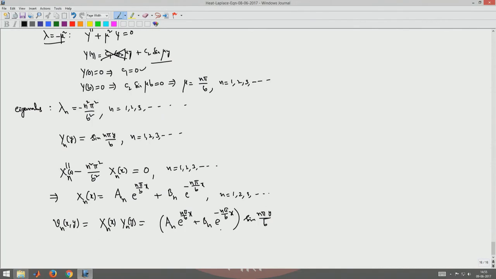So this is a solution that satisfies the boundary conditions, 2 boundary conditions 1 and 2. So you can take a superposition, let this v of x y be this superposition of all this, n running from 1 to infinity.